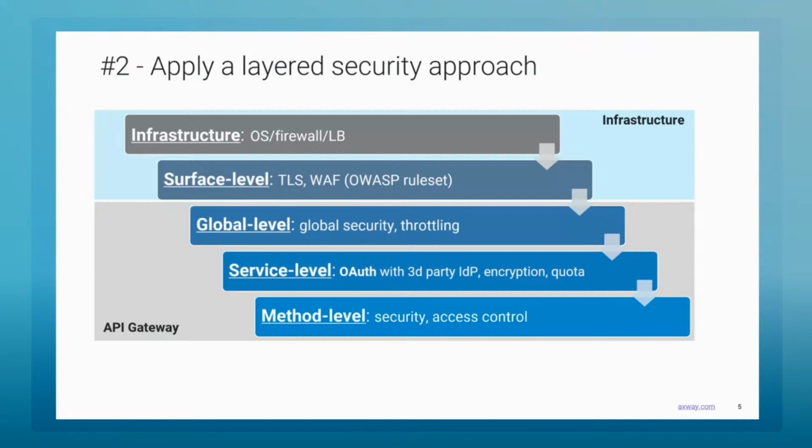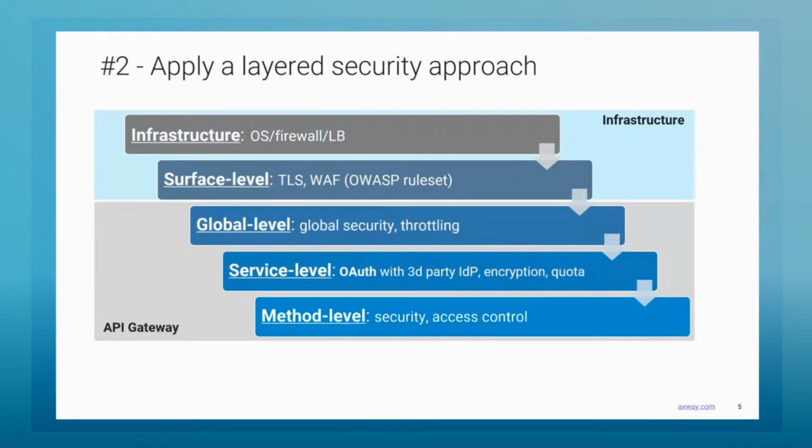So always have up-to-date versions of those libraries on which your API processing relies. It goes also to the firewall, where you need to establish only specific ports and protocols to be used to access your APIs.